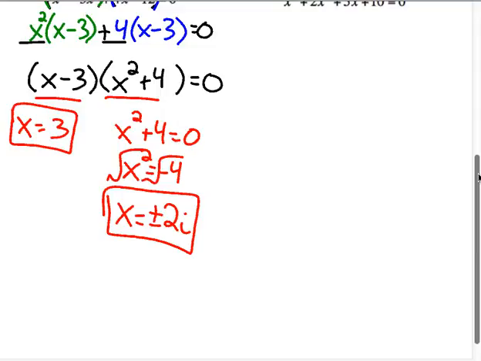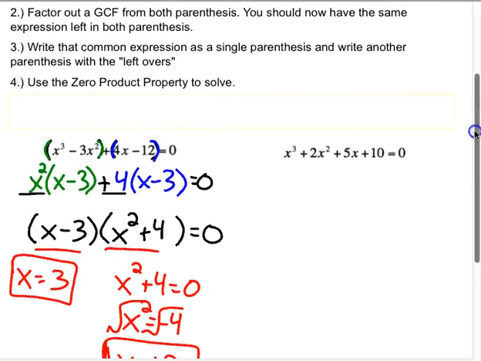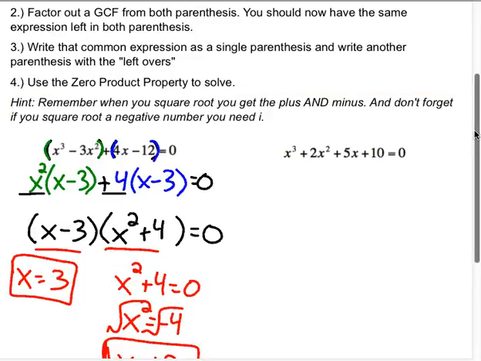Those are your 3 solutions: 3, 2i, and negative 2i. Make sure you know that process and when to include the i. That's one of the tips I blanked out up top. You have to remember the plus and minus every time, and you use i whenever you're square rooting a negative.